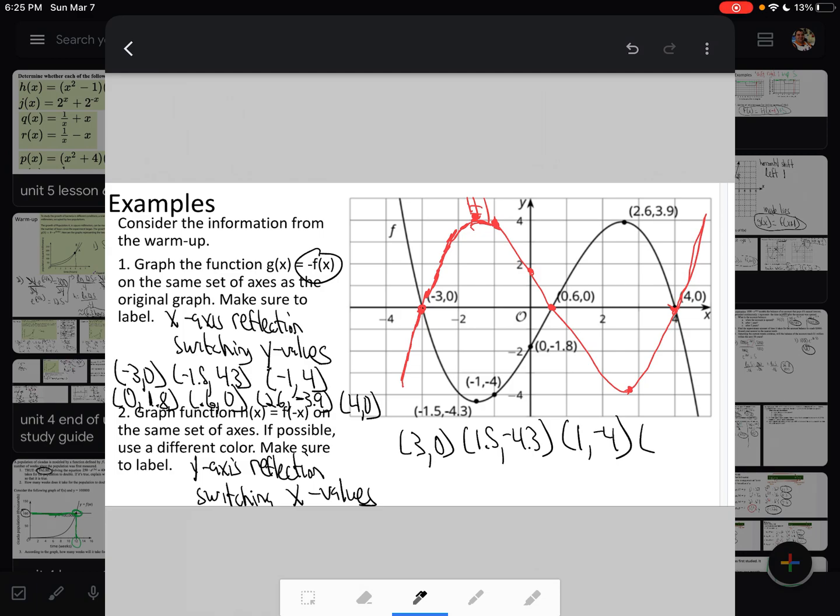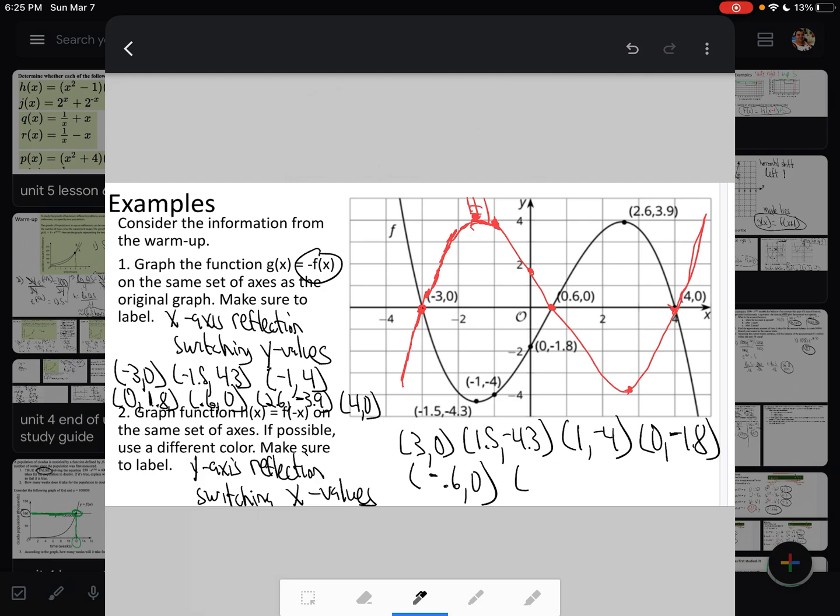Fourth one, the opposite of 0 is 0, so this will stay at 0, negative 1.8. Fifth one, 0.6 will switch to negative 0.6, and then 0 stays the same.